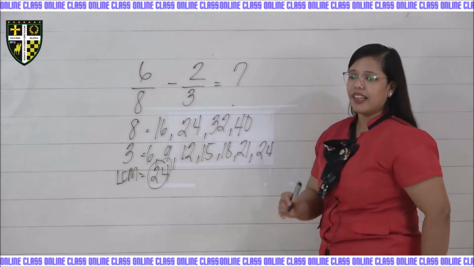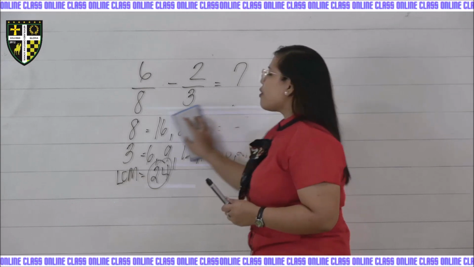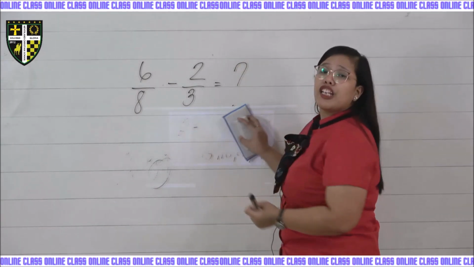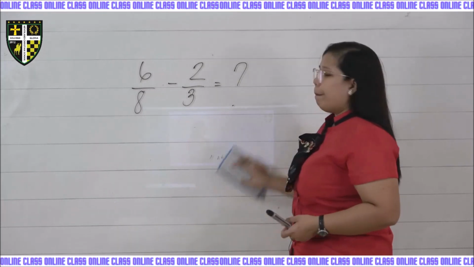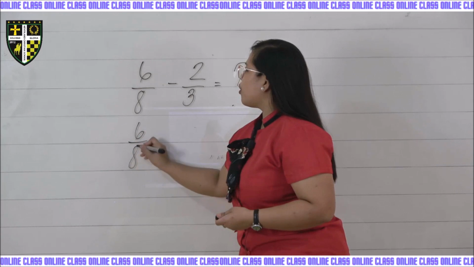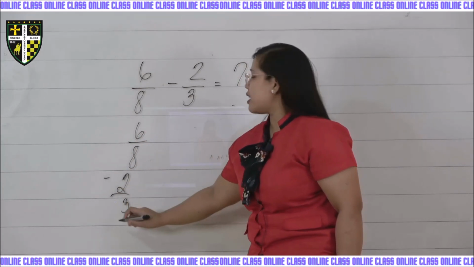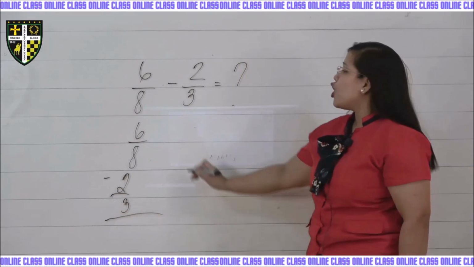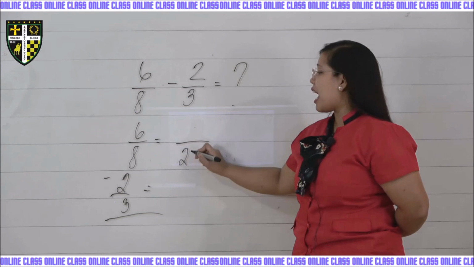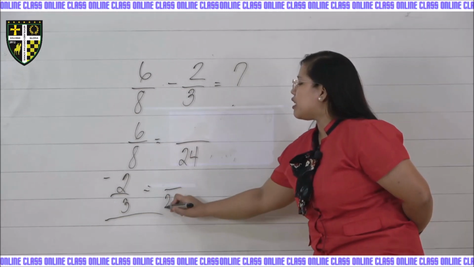Now we will change this dissimilar fraction into similar fraction. Again, we will write them: 6/8 minus 2/3 is equivalent to how many? We will write 24 as their LCM, both 24.